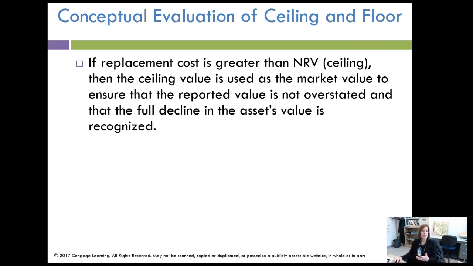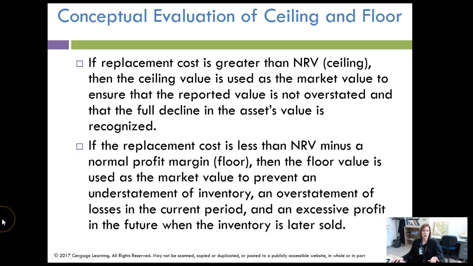From a conceptual standpoint, the purpose of the constraints of the ceiling or the floor when we're looking at market value from the standpoint of the LIFO or the retail method is that if we don't, we could potentially have wild over or under valuations of our inventory.